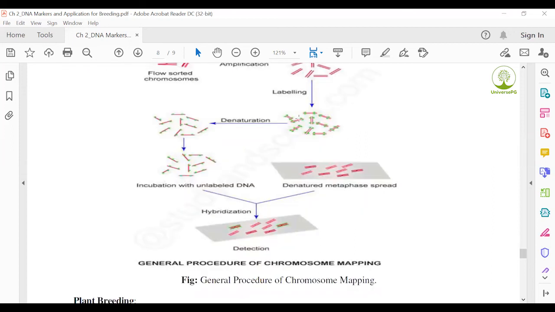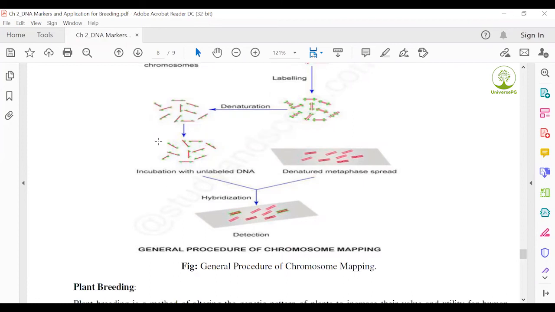Next, labeling. In this step, we use different types of hybridization probe or radioactive nucleotide probe for the labeling, therefore denaturation. Denaturation of those strands creates a single stranded DNA with labeling. Then in situ incubation with unlabeled DNA.